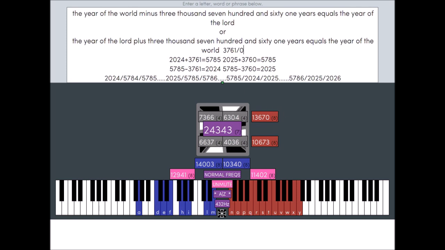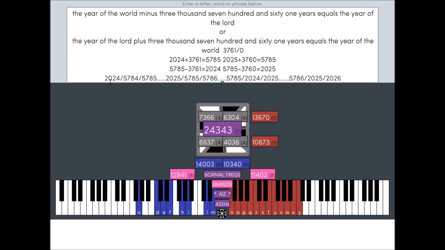Yes, you are telling the truth, but there is another truth to it, and both of them are shown within this key pair here, right? And it's applying addition wise and subtraction wise. The 3761 applies twice both ways, and the 3760 applies twice both ways.